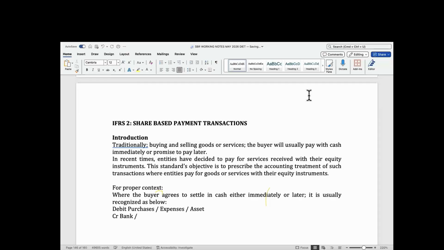Or if he's paying later, who can tell me what do we credit if you are paying later? So Fashion is here. Where is Moses? Sir.